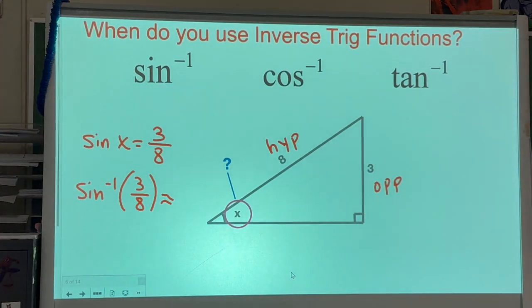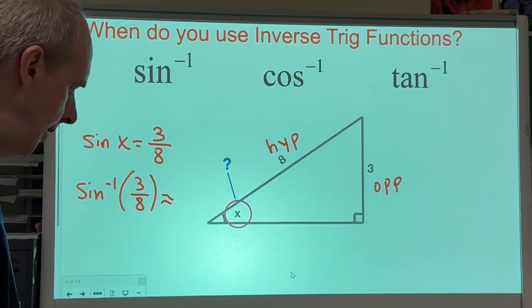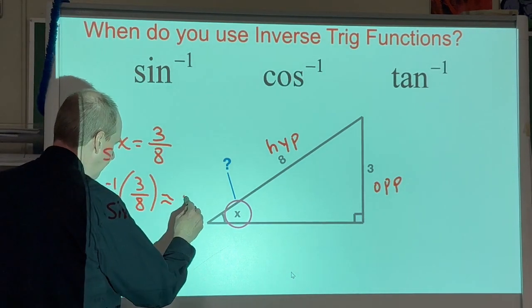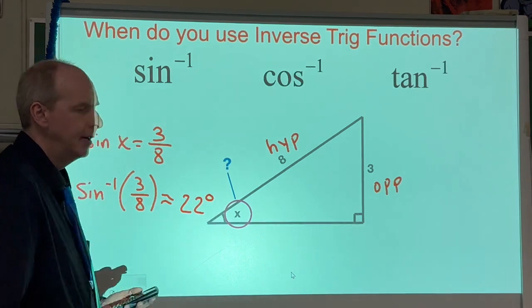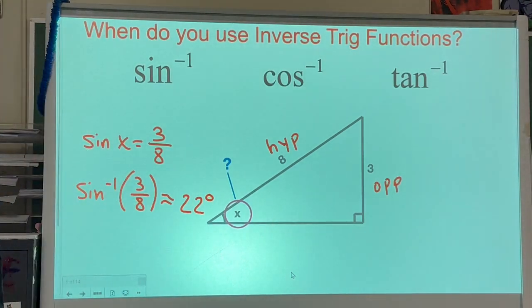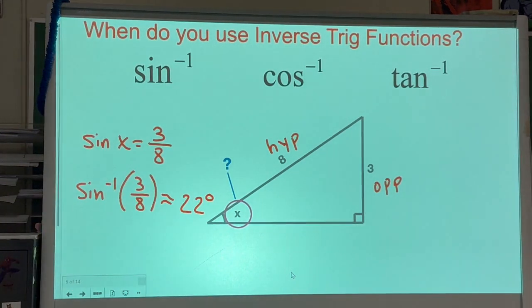You get about 22 degrees. There's your angle. If you do sine of 22 degrees, you'll get close to 3 divided by 8, which is 0.375. Sine of 22 is 0.3746. Pretty close to 0.375. There is rounding error involved.